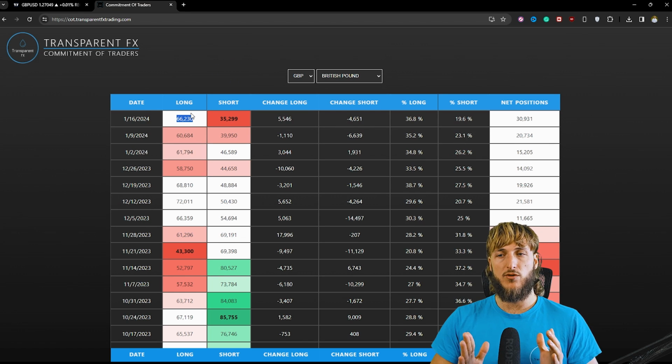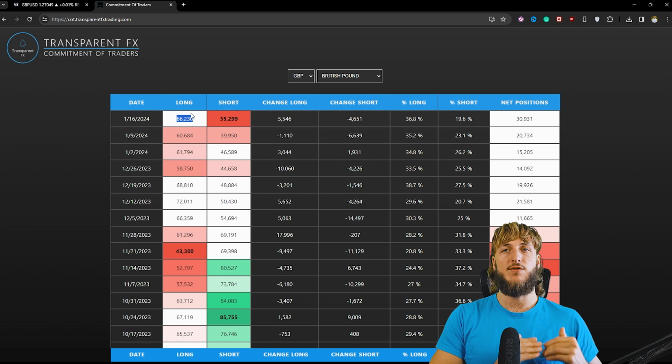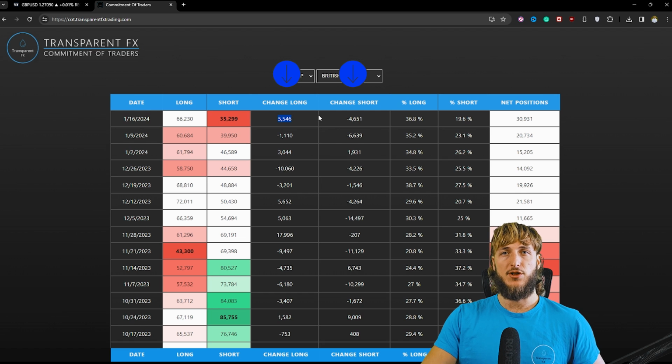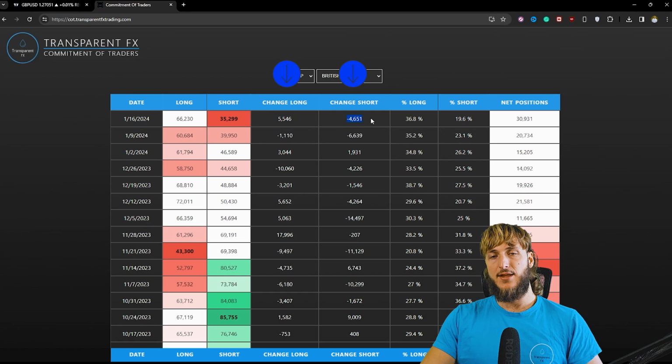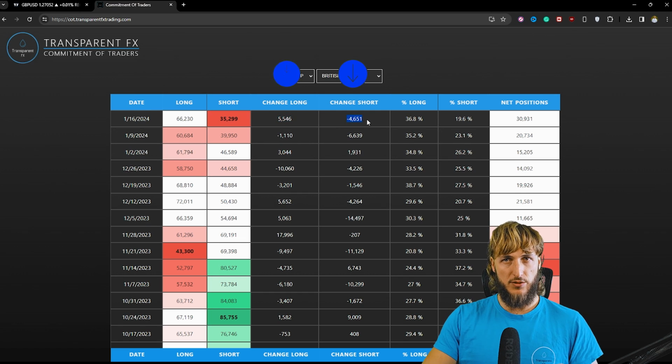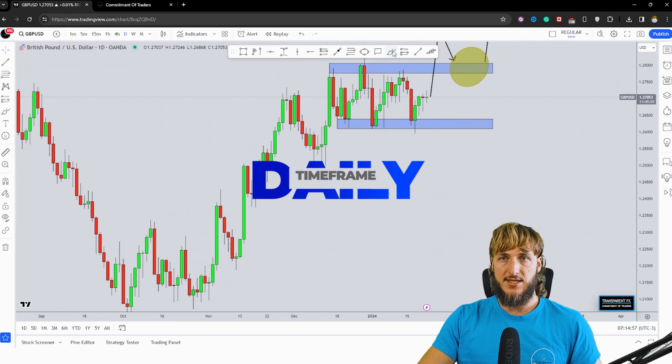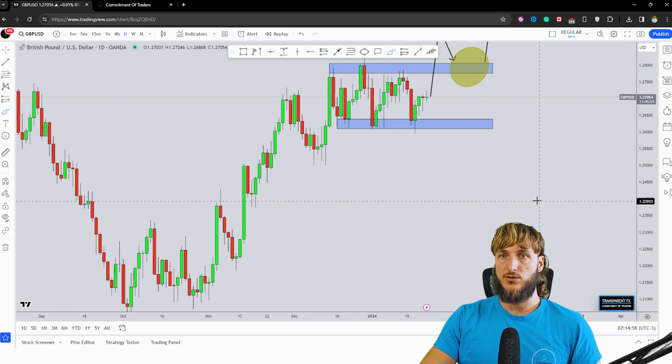So institutions went from having more shorts than longs to now having more longs than shorts. So the completely opposite situation, with another 5,500 longs added with the last report and 4,600 shorts getting closed. So clearly institutions have been longing GBPUSD aggressively, and that is obviously what has pushed this uptrend to the upside.